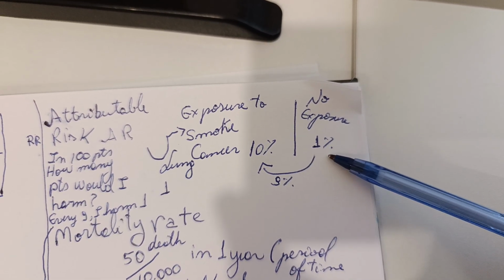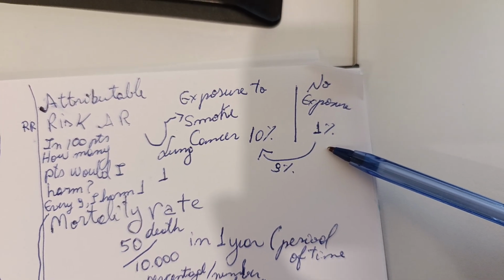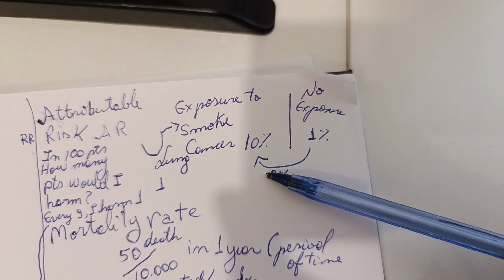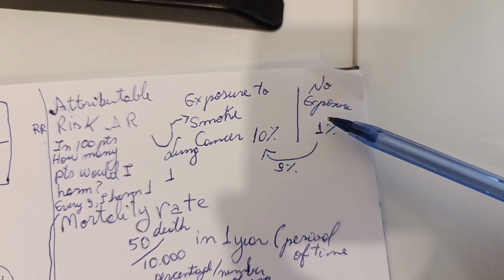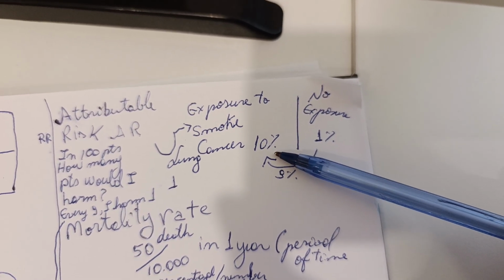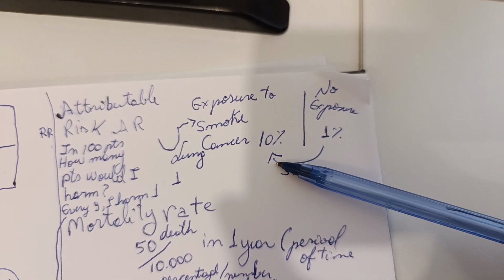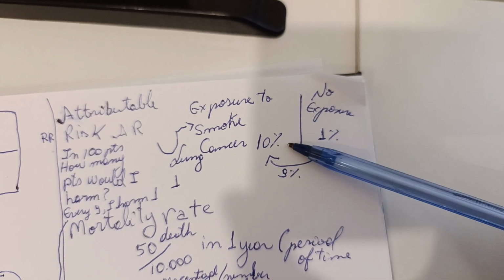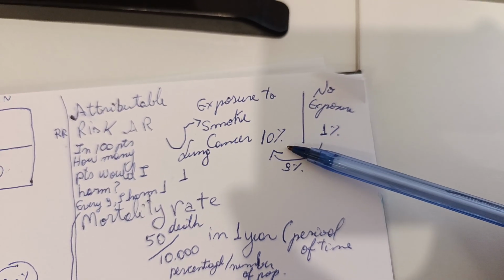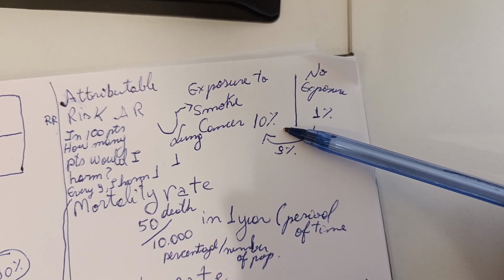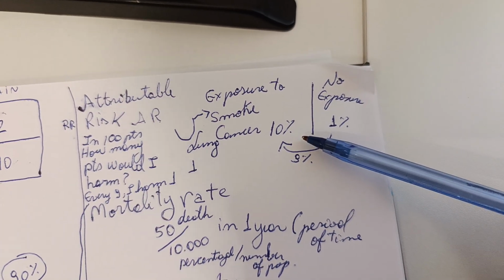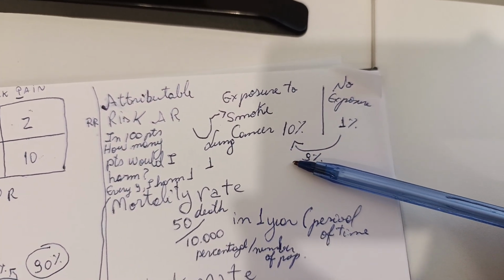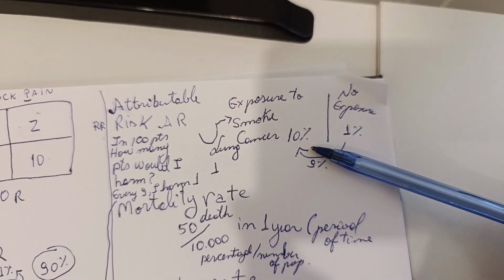So you see that you have an absolute increase of 9%, but relative to the 10%, you actually increase 90%. So by this number, we can imagine that we now know the number needed to harm, because in 100%, every 9 we harm 1.